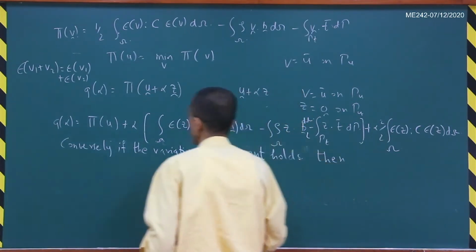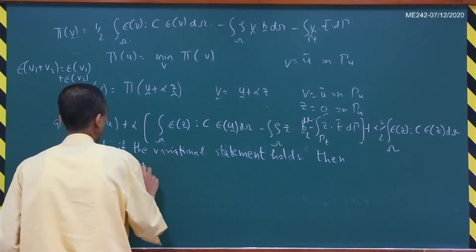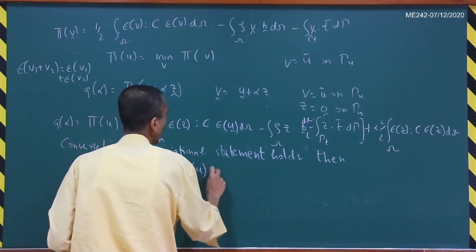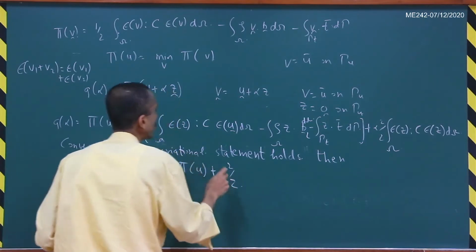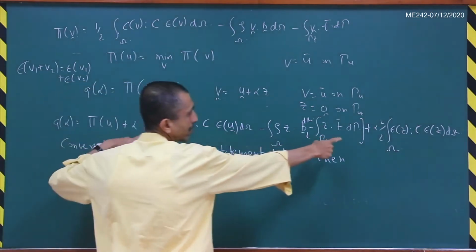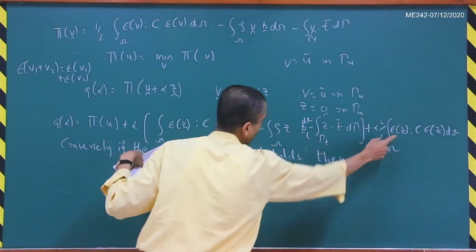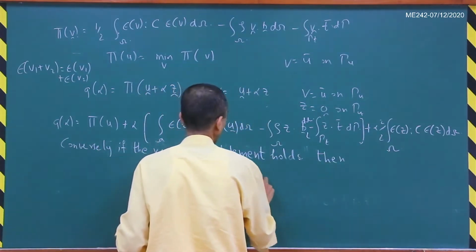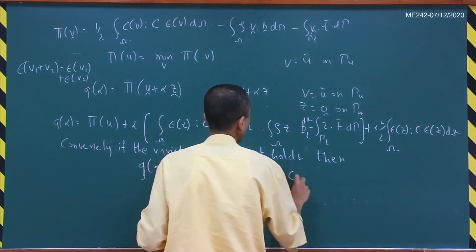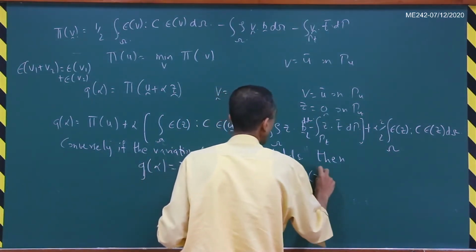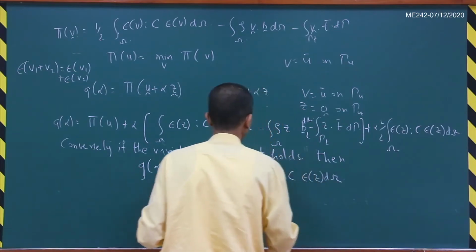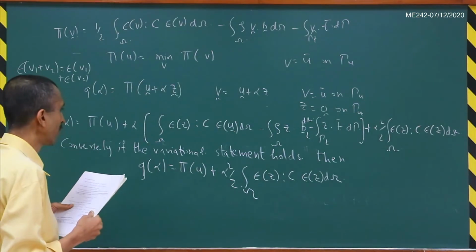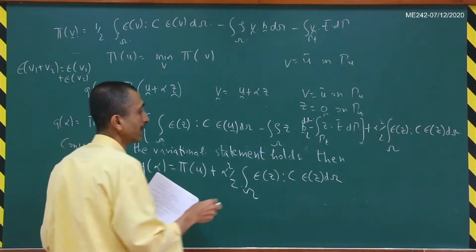So then you will get that g of alpha is equal to pi of u plus alpha square by 2. See, now because this whole bracketed term vanishes, only this term will remain. So plus alpha square by 2 integral over omega of epsilon of z times c times epsilon of z times d omega. Yes, and now you see that we assume that this c is positive definite, right?